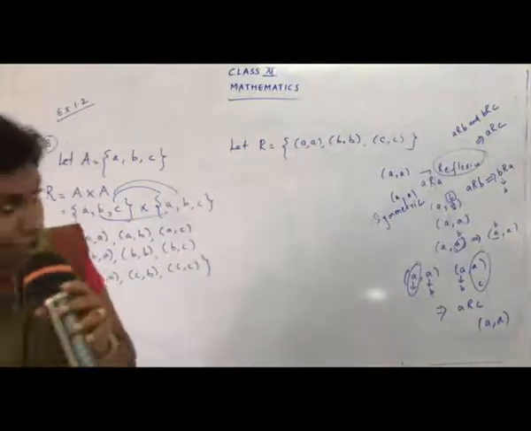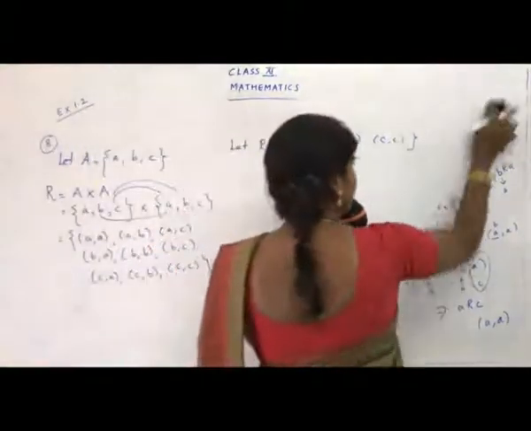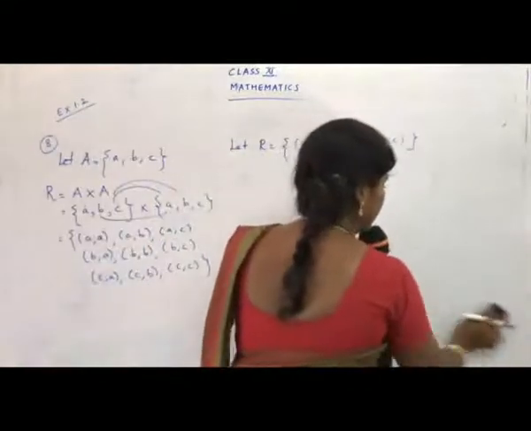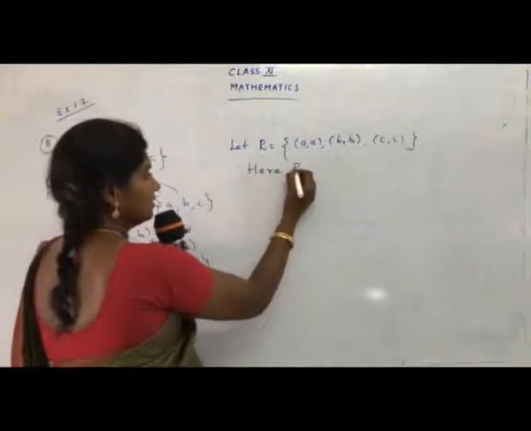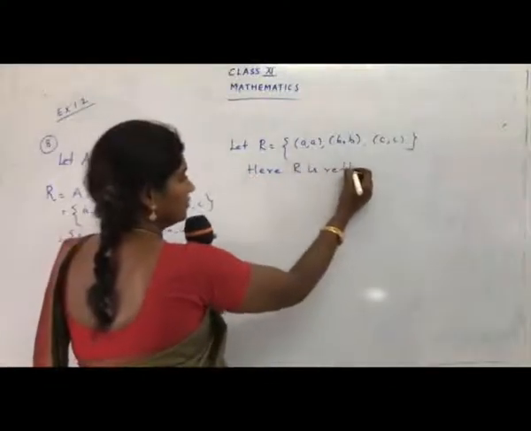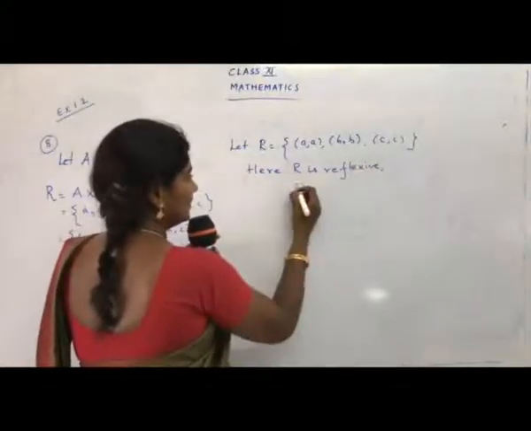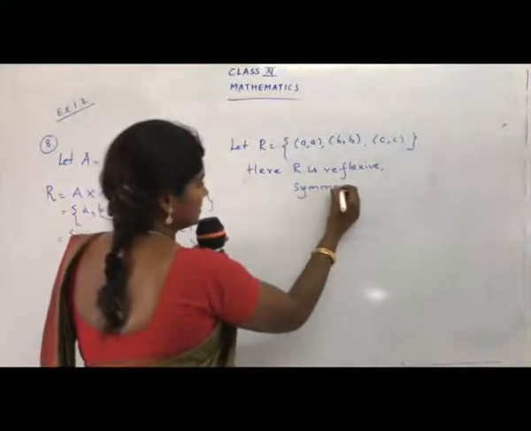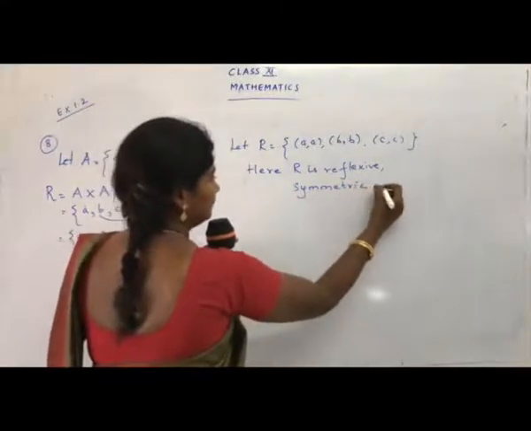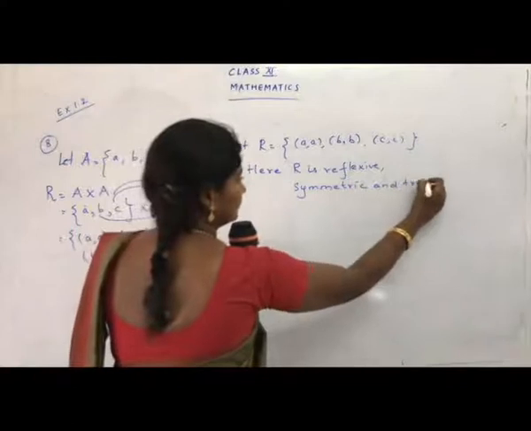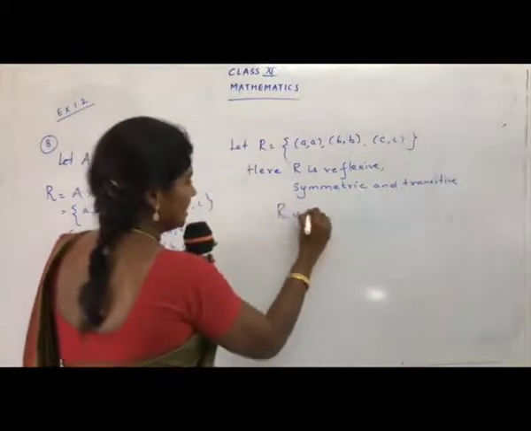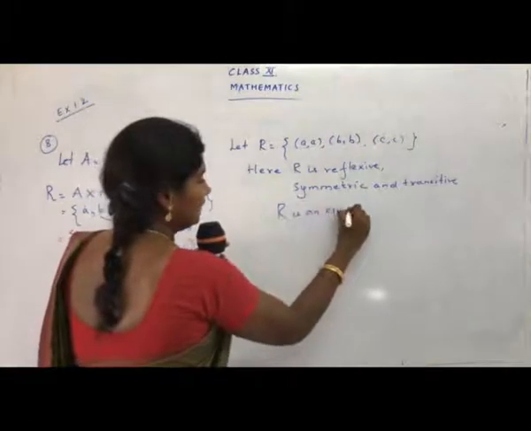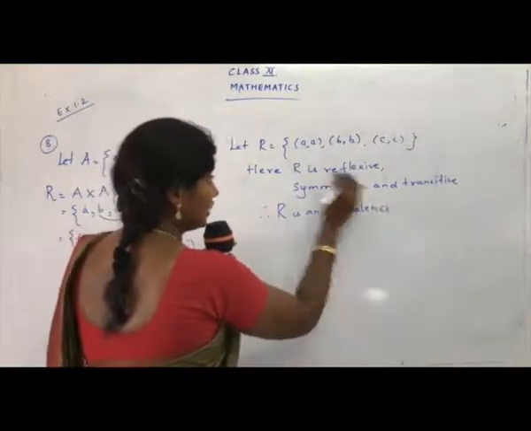Now let's write the explanation part here. Here R is reflexive, symmetric and transitive. Therefore R is an equivalence relation. I am talking about this R, okay?